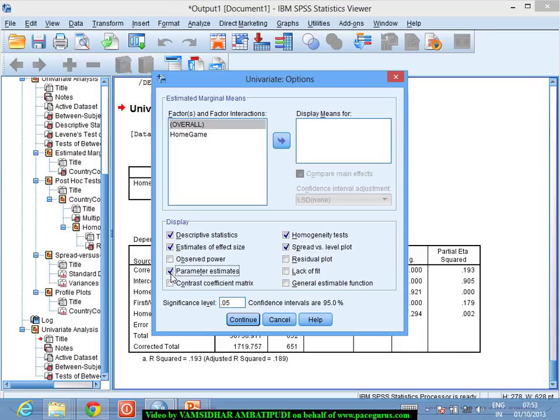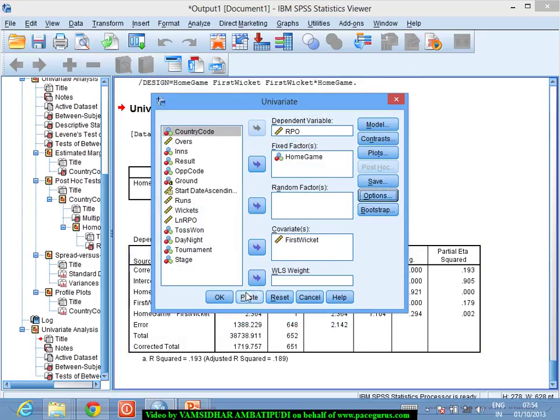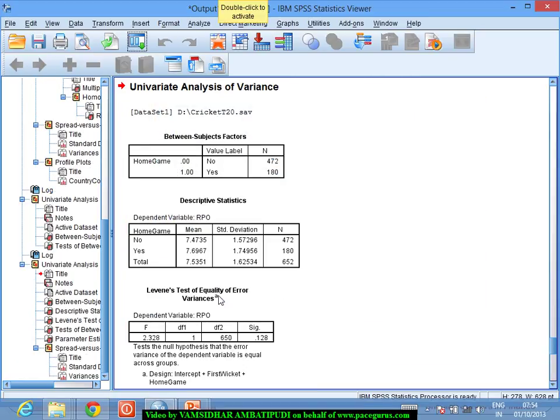I will even check the parameter estimates to see what the amount of contribution or influence each of the variables is having on our runs per over. So going with this, I can continue and click OK right now.